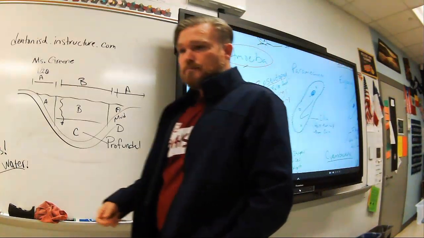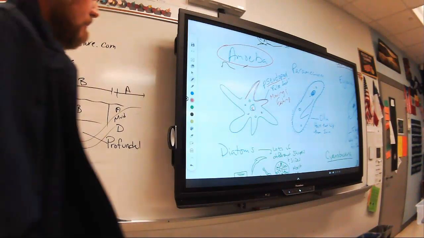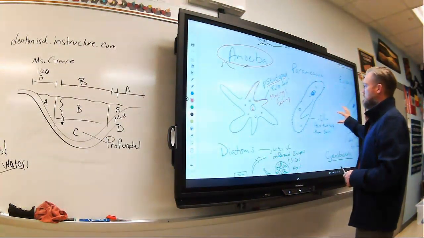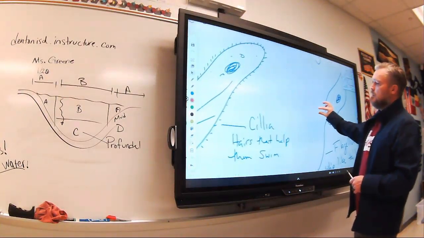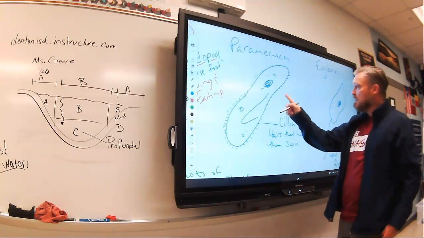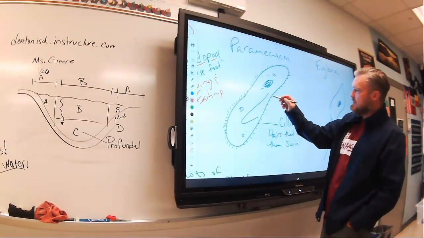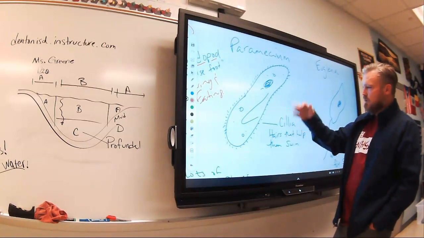Sorry. So the next guy that we want to talk about is the Paramecium. It looks like this. It's really, really small, obviously, but it has an indentation in its cell wall.